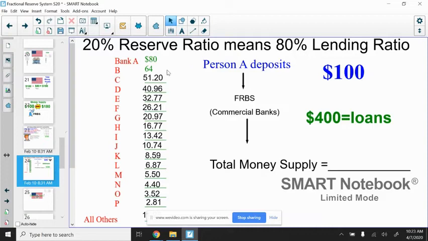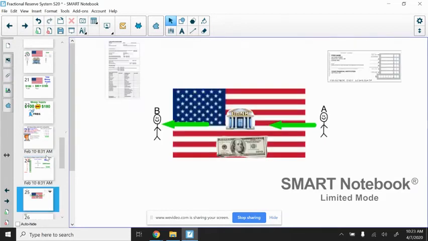Without you figuring it out, but you should be able to total those numbers, it comes to be $400. This is how much money was deposited. This is how much loans are being created. This together represents the entire money supply, which is $500. Loans are creating money. Let's expand upon that a little more.